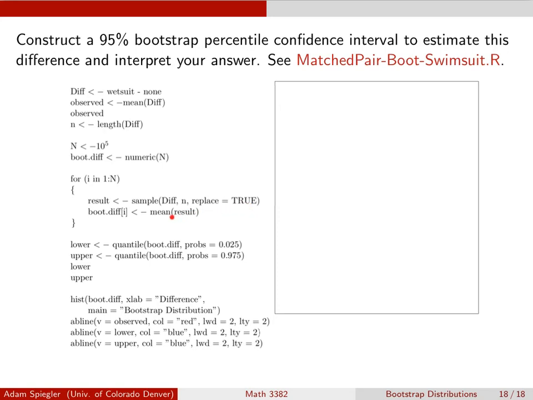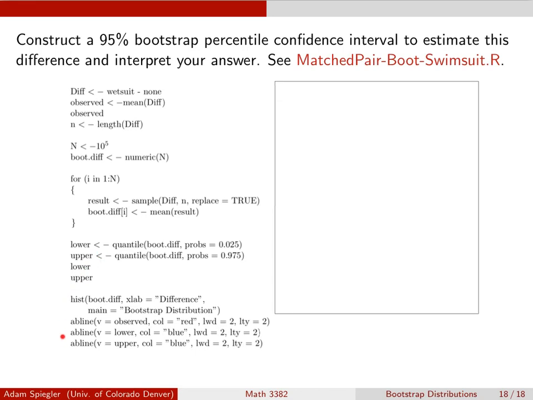Once I've picked my 12 values, I've got them in result, I calculate the mean of that, and that's stored in boot.diff, and we do this 100,000 times. Then using all of those differences that we calculate, I'm going to calculate the 2.5 percentile for the lower estimate and the 97.5 percentile for the upper estimate.